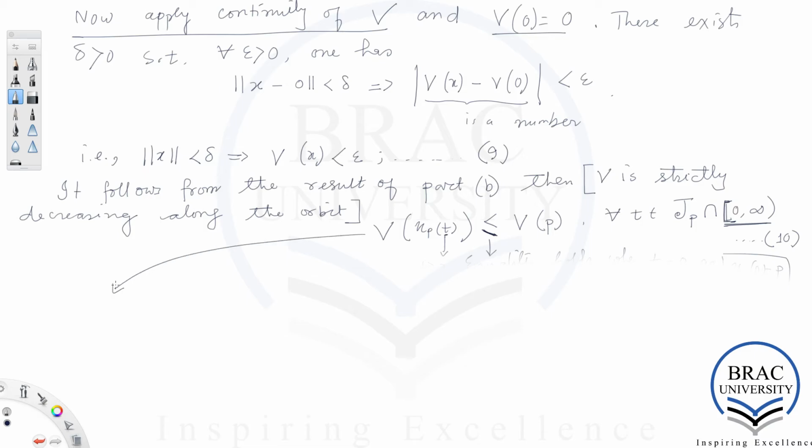We immediately see that if norm of p is less than delta, now it follows from equation number 9 that if norm of p, just replace x with p, is less than delta, then V at p is less than epsilon.